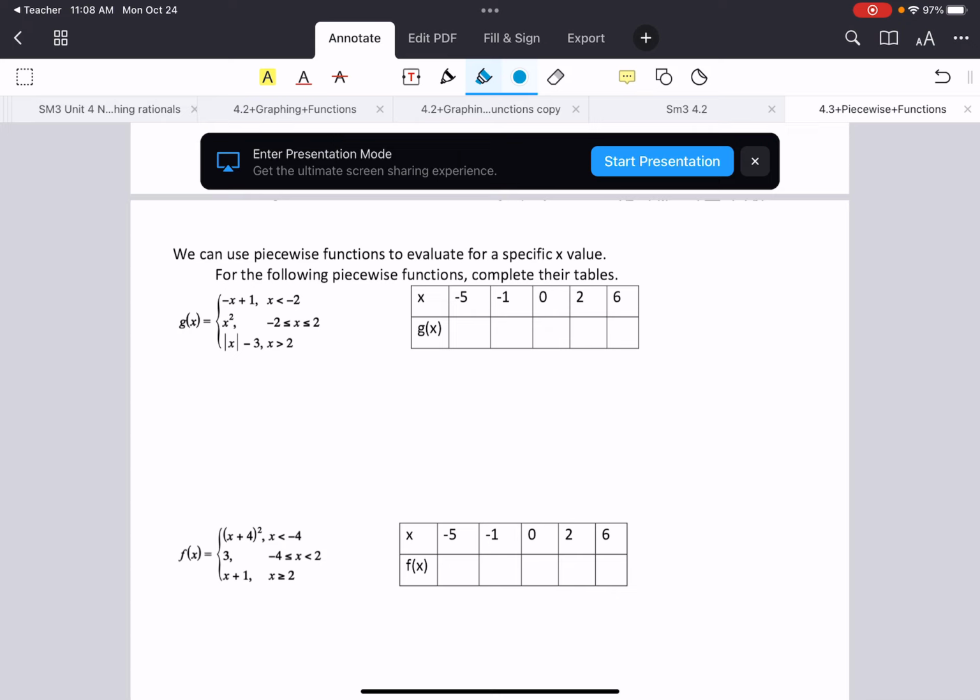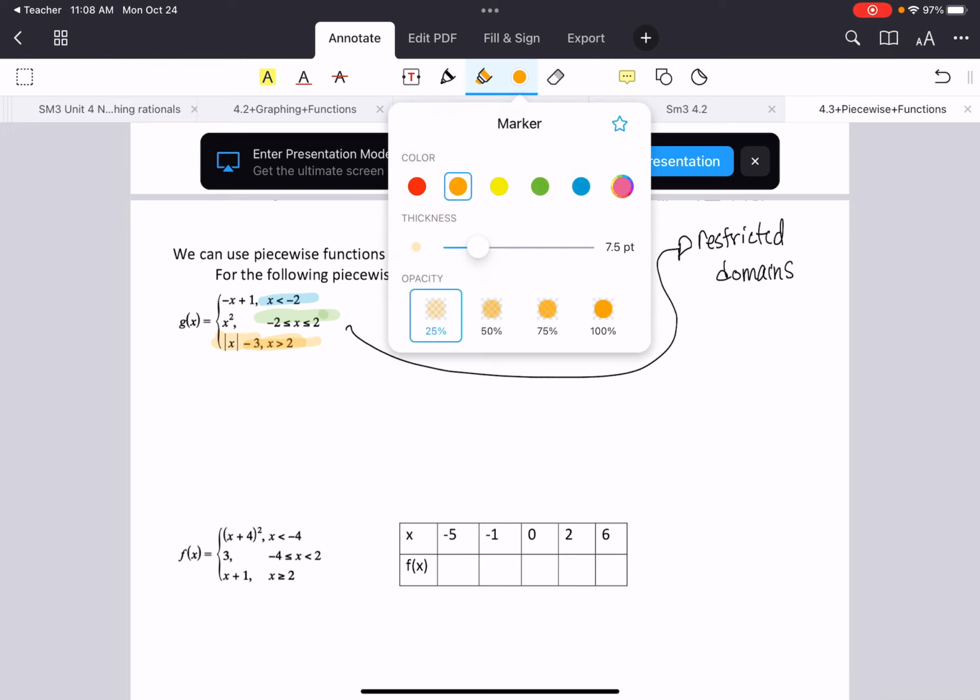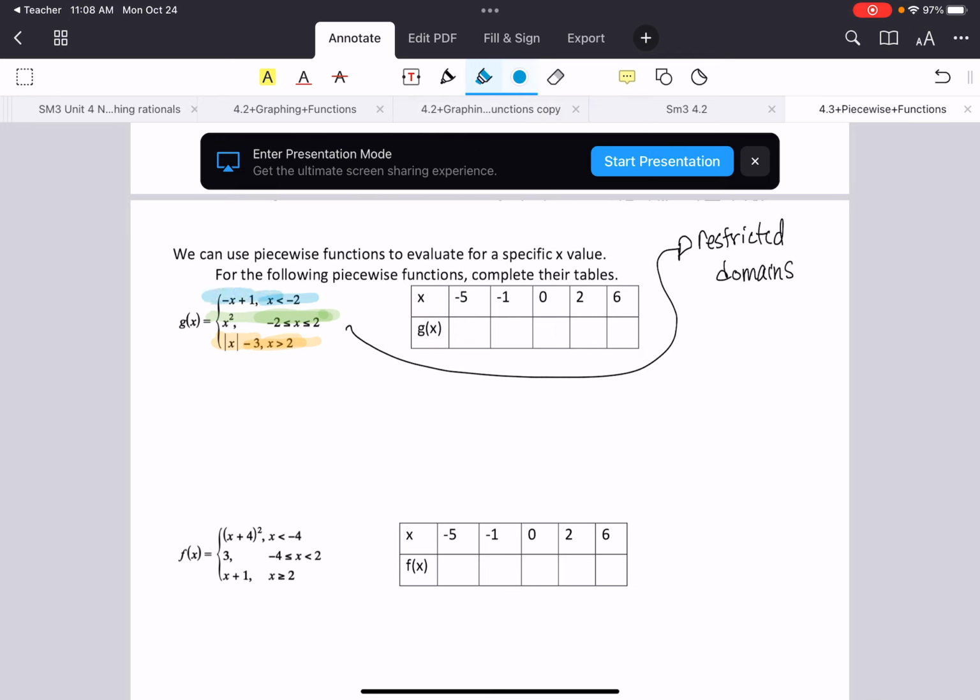These right here are called restricted domains. So when we are trying to fill out this table, these restricted domains tell us where we're going to put our x into the equations, okay?